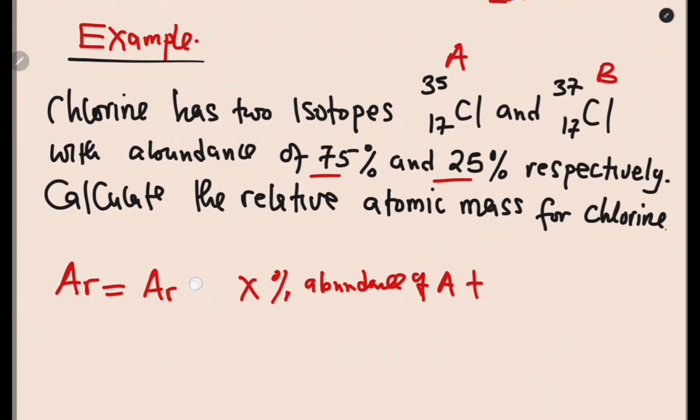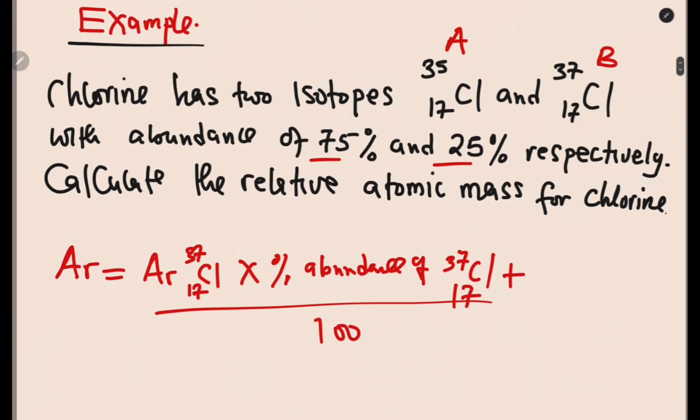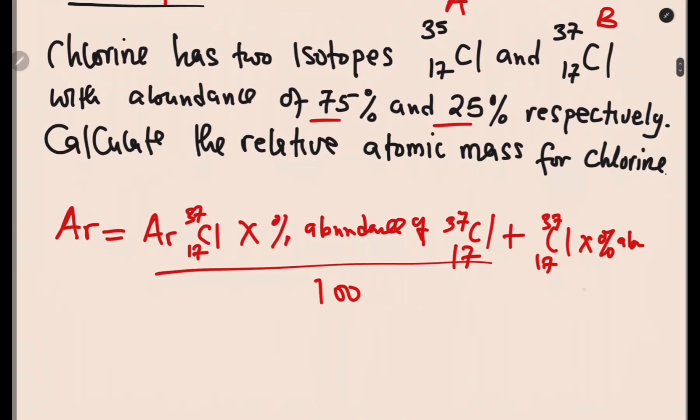Instead of writing it this way, you can just say relative atomic mass of chlorine 35 multiplied by the percentage abundance of chlorine 35, divide 100 by the way, plus relative atomic mass of chlorine 37 multiplied by percentage abundance of chlorine 37, please. So just write what I've said, then divide 100.